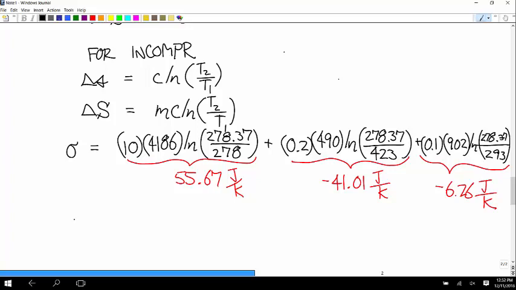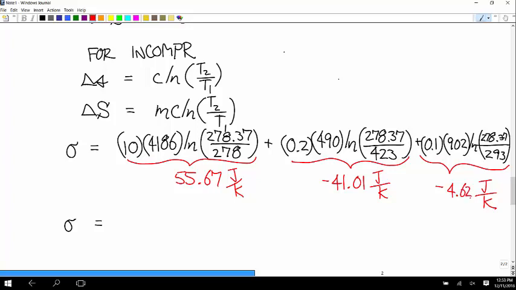And so the total entropy produced is, what do you get when you add those up? Something positive, that's good. Anyone else do it? 4.62.